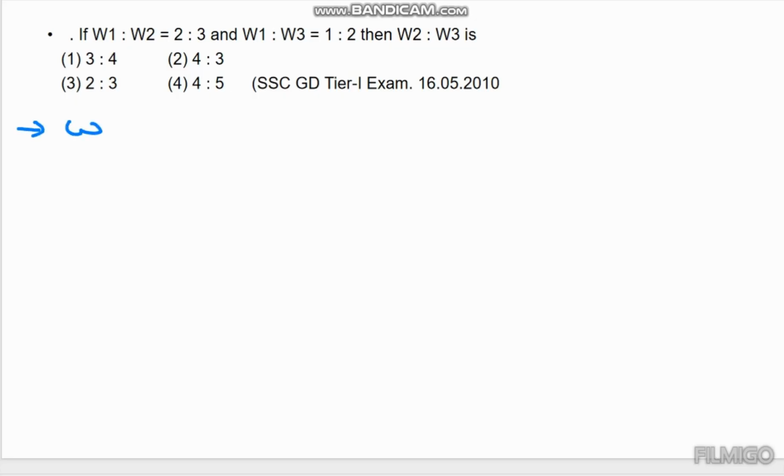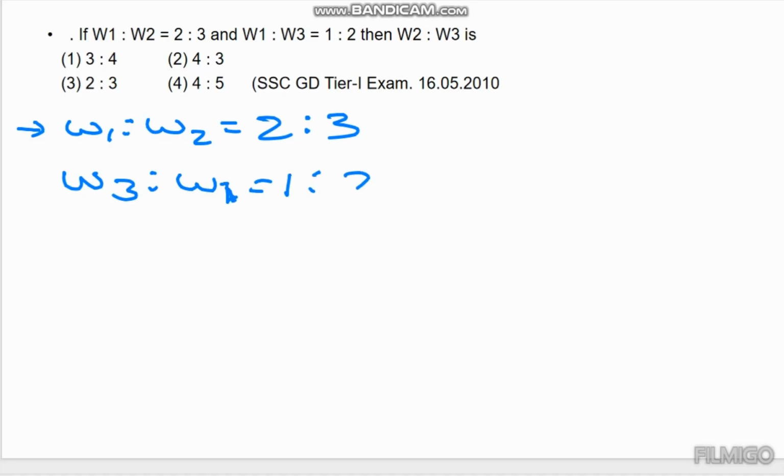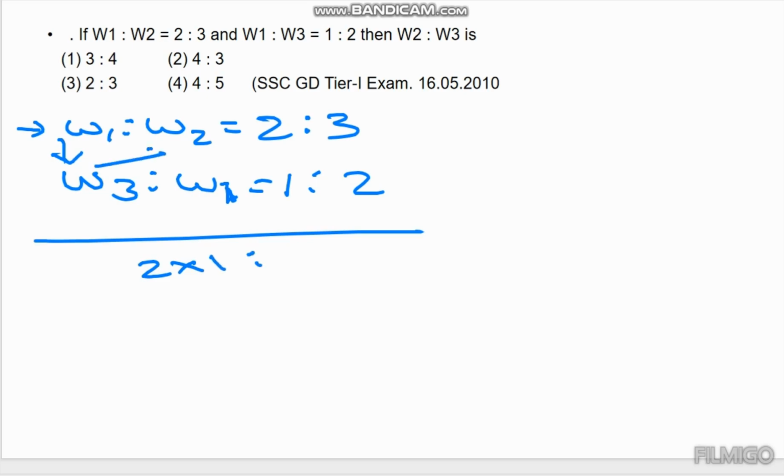Here given W1 is to W2 equal to 2 is to 3. And again, we can clearly see that W3 is to W1 equal to 1 is to 2. So the ratio can be calculated as 2 into 1 is to 1 into 3 is to 3 into 2.